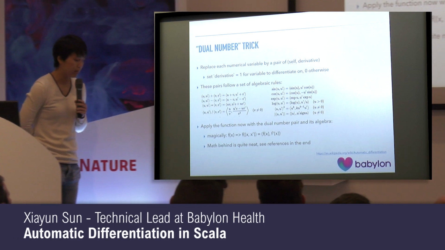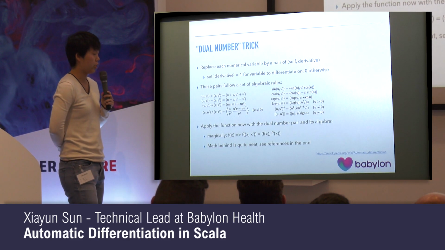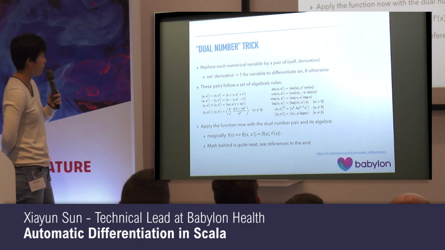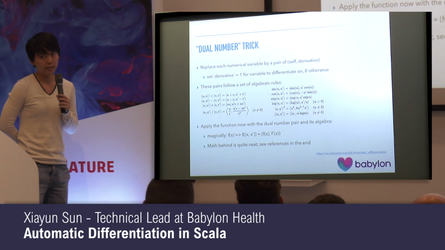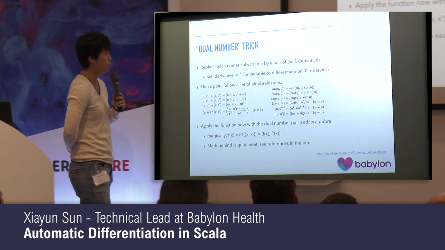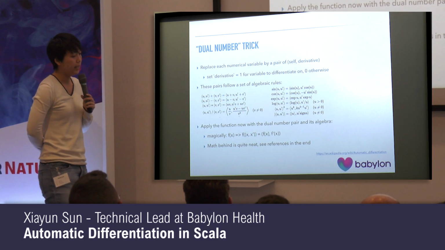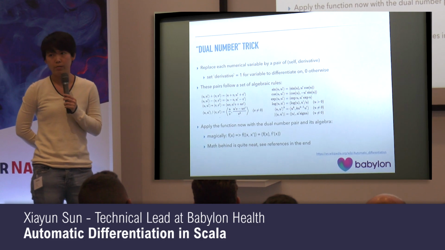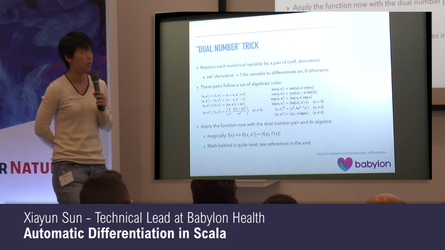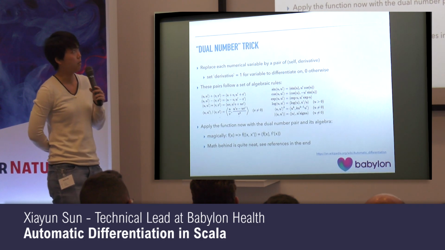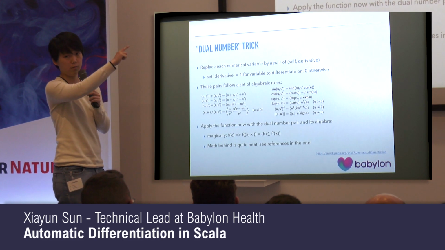The math behind automatic differentiation is a trick called the dual number trick. I will go through that in code, but here it's just an overview. Basically, you set every numerical variable you care about to a dual number. The dual number is basically just a pair of self and derivative.